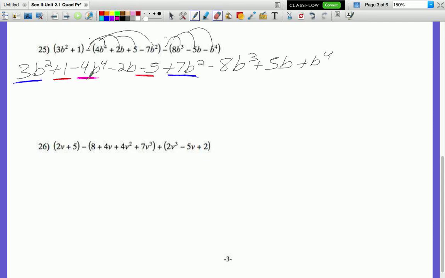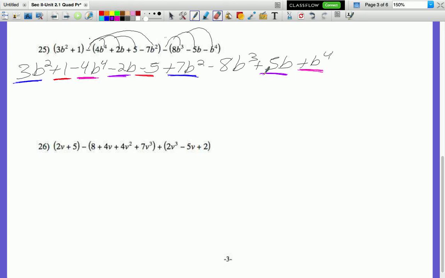I have a -4b to the fourth. I can combine it with the positive b to the fourth over there. And last but not least, let's do -2b. I can combine that one with positive 5b. And if you look at it, -8b cubed has nothing to be able to combine with.